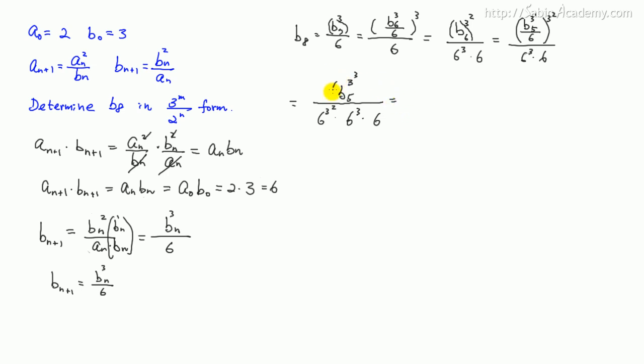Okay, but what is b sub 5 anyway? That is the same as b sub 4 cubed over 6. Yeah, that's the definition here. But that thing is raised to the 3 to the third power, divided by all these things: 6 cubed squared, 6 cubed, and 6. Let's see what we get. Downstairs we have 6 to the third, 6 to the third to the third.